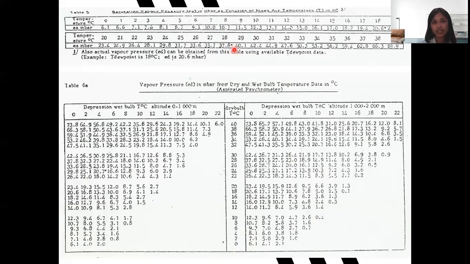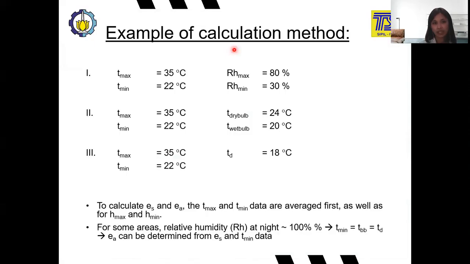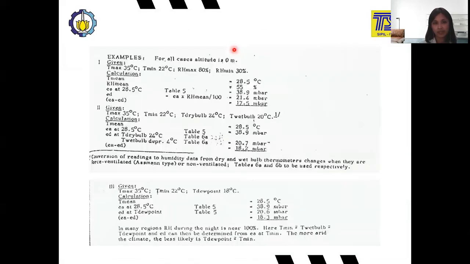And after that, we can also calculate the actual vapor pressure using this equation, because we don't have any other data than this, so that we cannot know the actual vapor pressure using the dry bulb and wet bulb thing, because the data is not available.